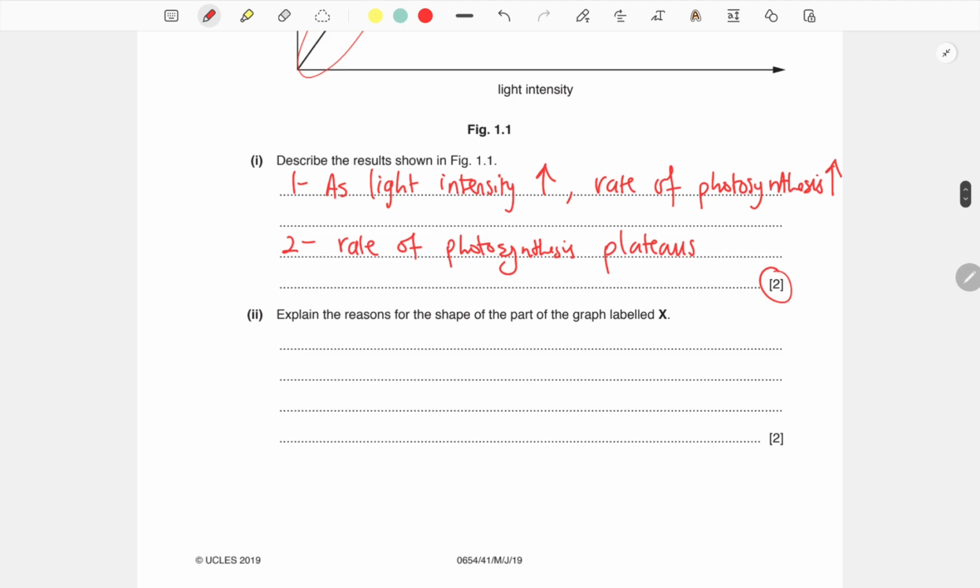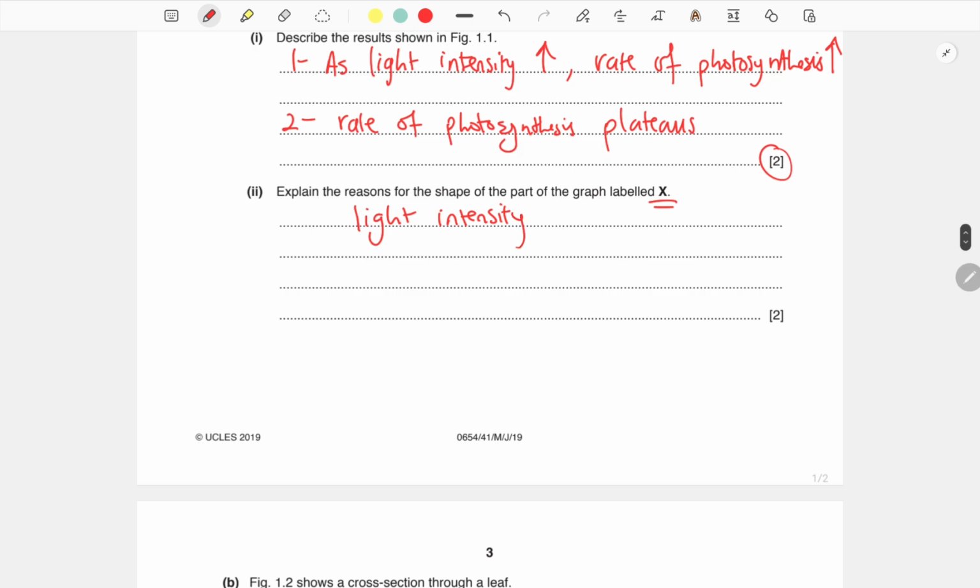And the reason for the plateau, or part X of the graph, is because light intensity is no longer a limiting factor, or it's no longer in shortage. And instead, other factors such as carbon dioxide level or temperature has to be increased to increase the rate of photosynthesis.